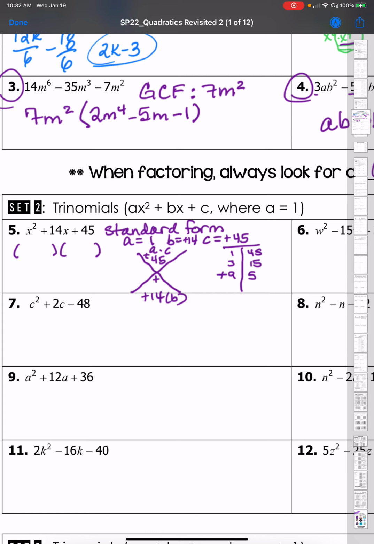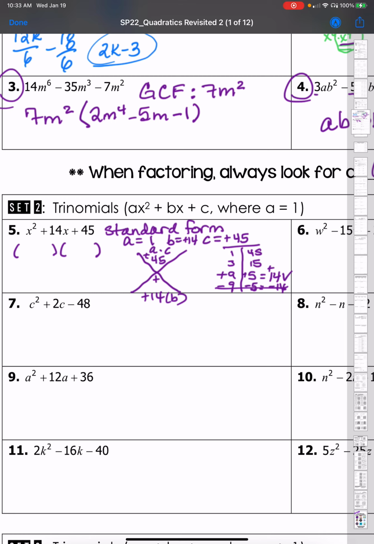On 9 and 5, if it's a positive and a positive, that equals positive 14, which is correct. But why is negative 9 and negative 5 not correct? Well, if we multiply negative 9 and negative 5 together, we get positive 45. However, if we add them together, we get negative 14. And so that's why it's not correct.